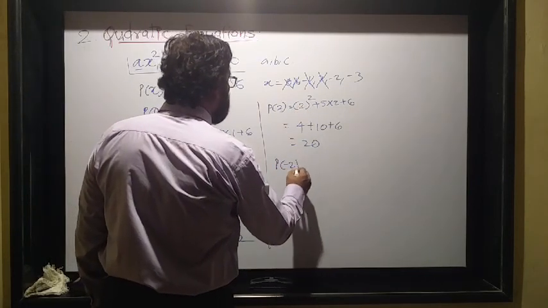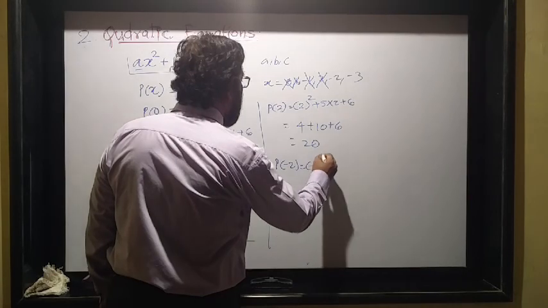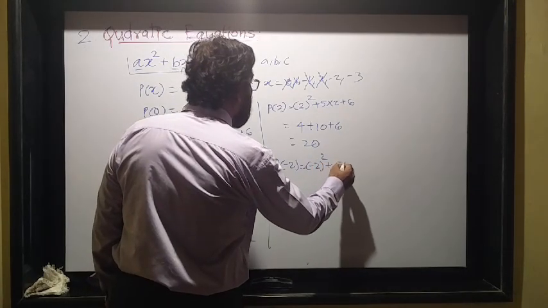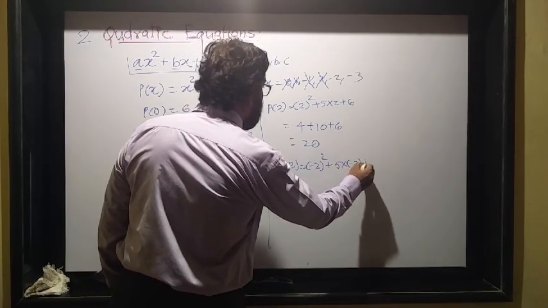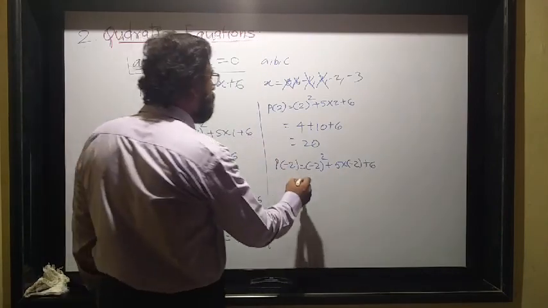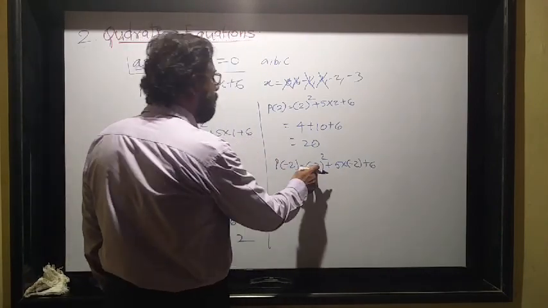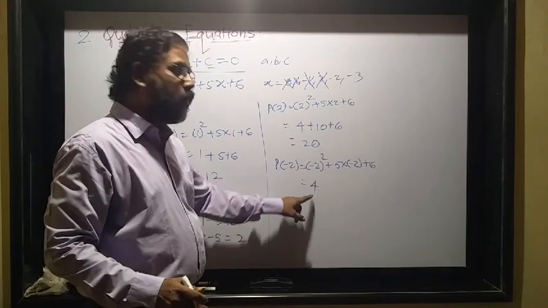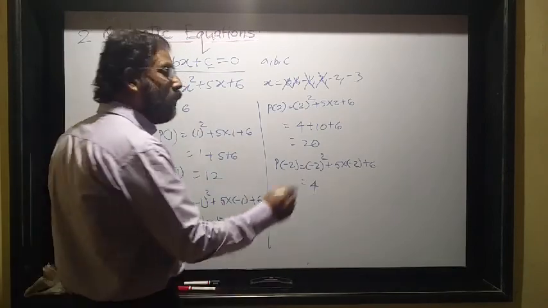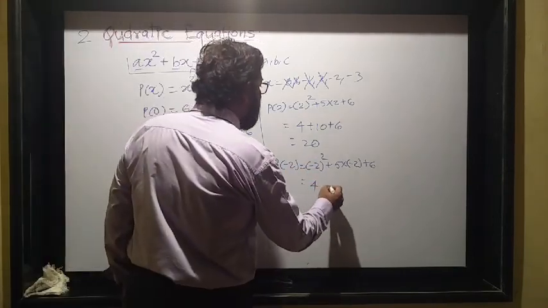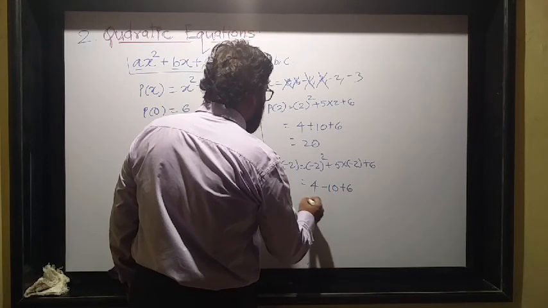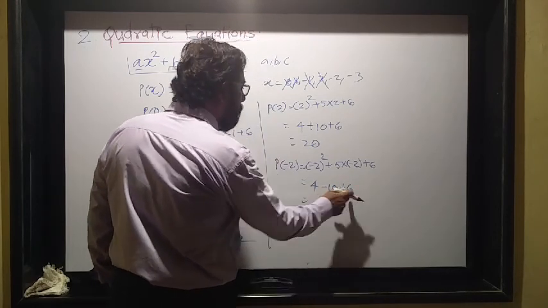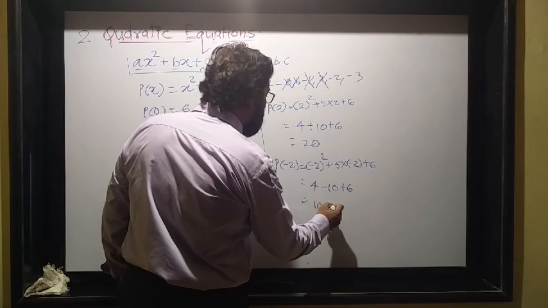We consider p(minus 2). So minus 2 square plus 5 into minus 2 plus 6. The square of minus 2 is 4, not minus 4. Try to understand here. Again here minus 10 plus 6. So this is plus 4 plus 6 is 10, minus 10.